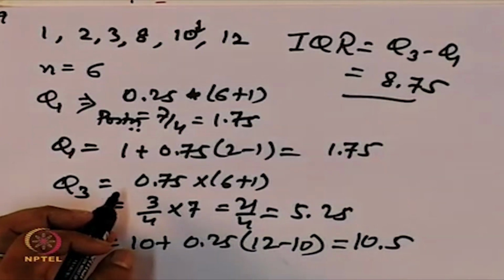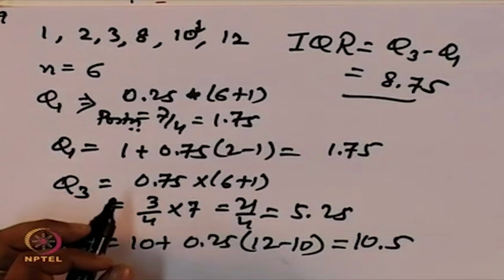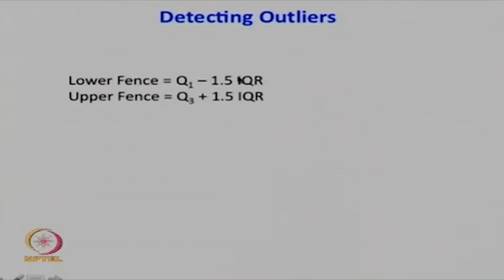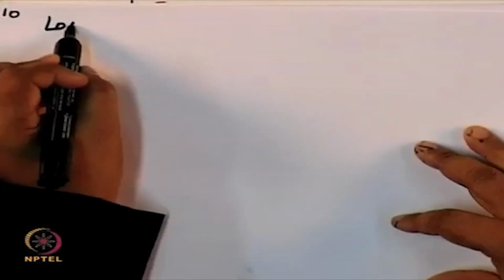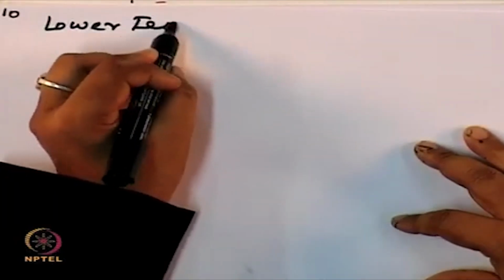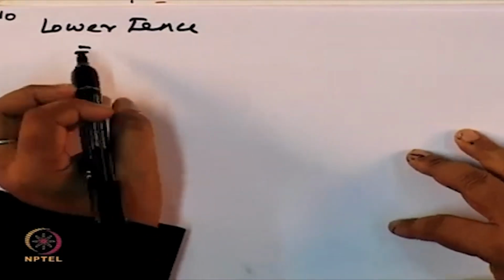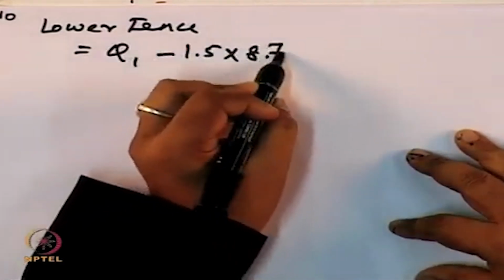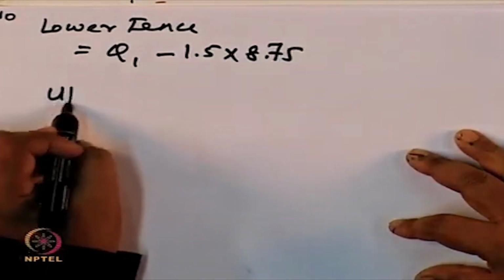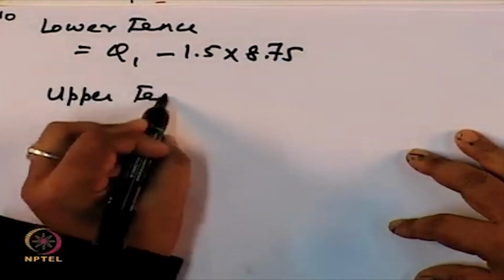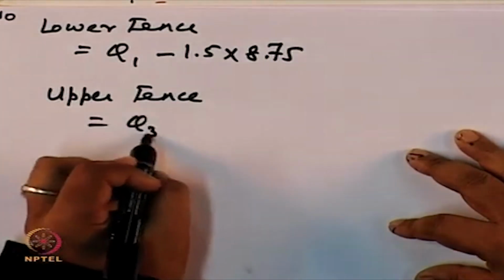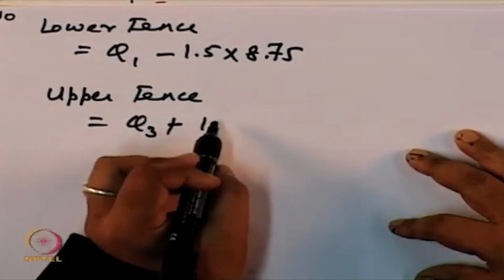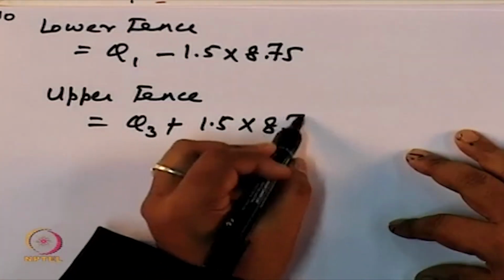As per this, my lower fence has to be Q1 minus 1.5 times IQR, so the lower fence is Q1 minus 1.5 into 8.75, and the upper fence is Q3 plus 1.5 into 8.75.